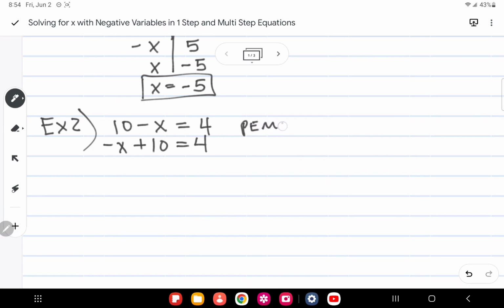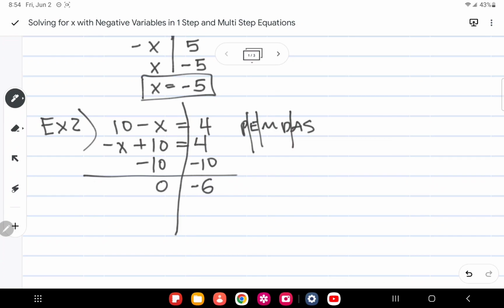We are going to write PEMDAS again, just to really get that ingrained in our mathematical minds. Now, the operation that's being done to the variable is adding 10. As you can see right here, the opposite of addition is subtraction. So we're going to subtract 10 on both sides. Remember, don't forget to draw the wall separating the left from the right side. 10 minus 10, that is 0. 4 minus 10, that should render -6.